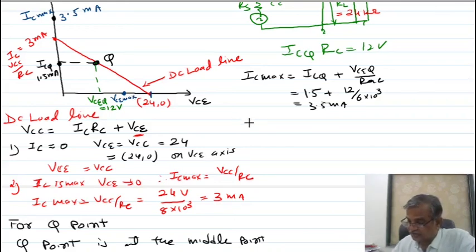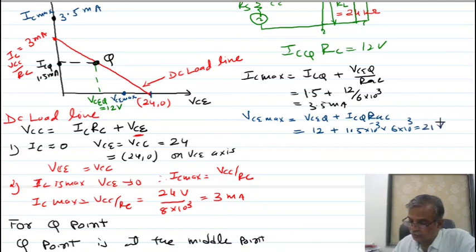For your more understanding, I am writing here: VC max for AC load line is VCQ plus ICQ into RAC. This is 12 plus 1.5 milliampere into 6 kilo ohm, so I'll get 21 volt. This point is 21 volt.